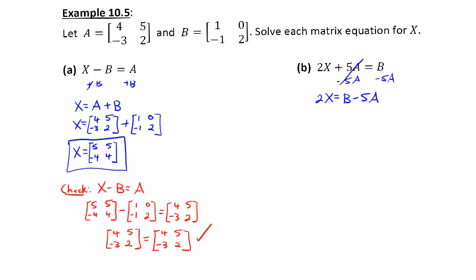Then I should divide both sides by 2 next, so that I can get the X completely isolated. So if I divide both sides by 2, matrix X will be B minus 5A all divided by 2. We should now substitute in for B and A, since we know what those matrices are.